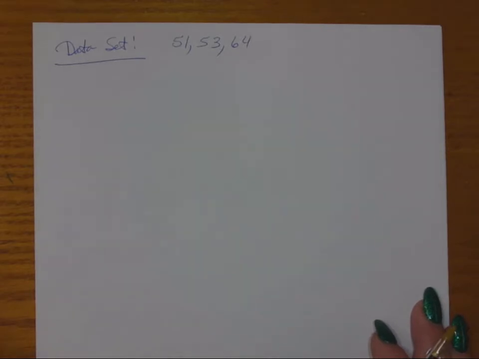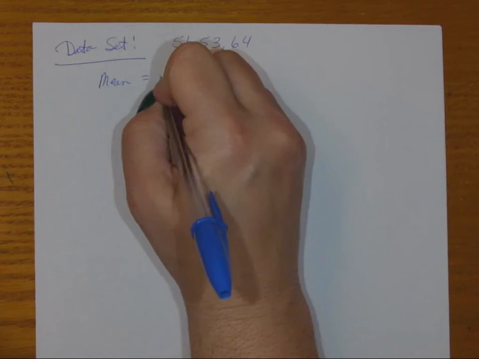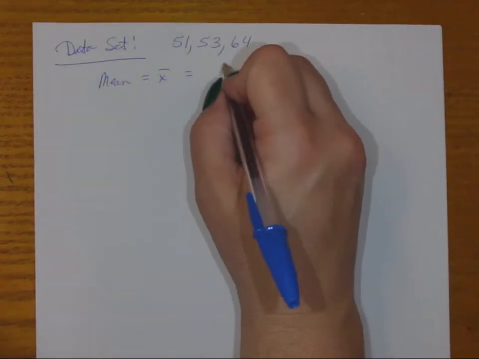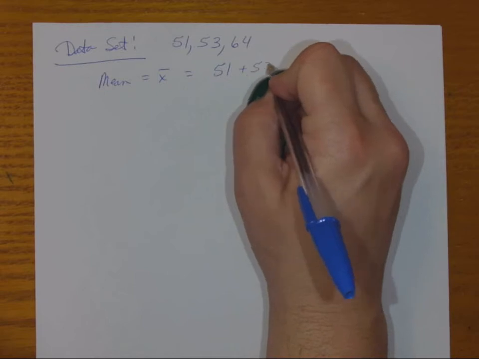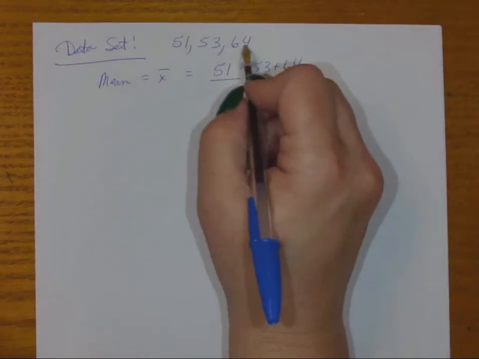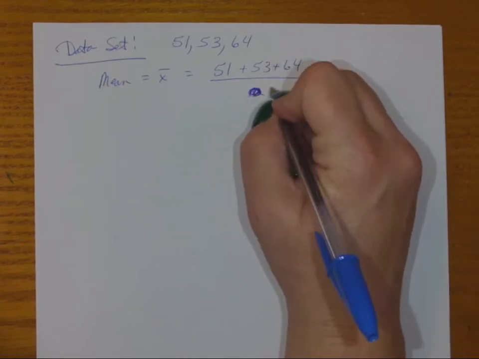First step, find your mean. To find your mean, what are you going to do? 51 plus 53 plus 64, divide by, how many am I dividing by? There are 3 data points there, which means my n is 3.